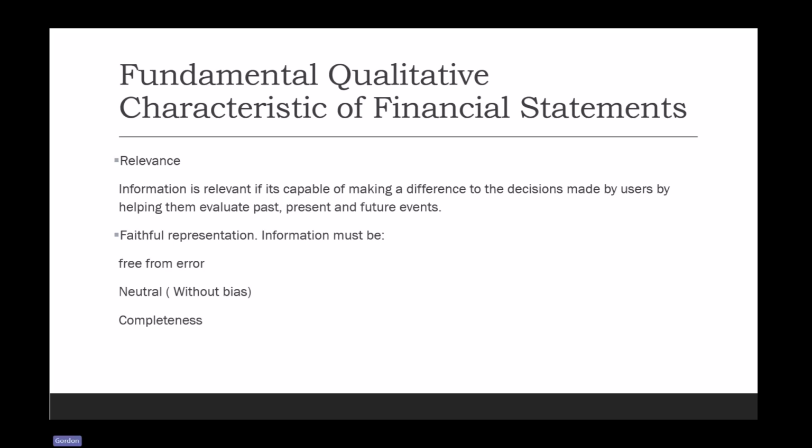The recognition criteria test has two things. One, that it's probable that economic benefit will flow to the entity, which as an employee, yes, you do, as you work hard and the company is able to generate some income because of your abilities. But two, you must have a cost that can be measured reliably, right?